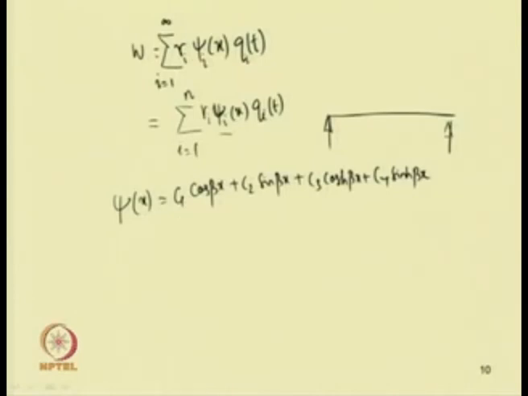Here one can get the characteristic constant beta from the frequency equation, and applying the boundary conditions one can find psi x. That will give the eigenfunction. The eigenfunction satisfies both the differential equation of motion and all the boundary conditions.